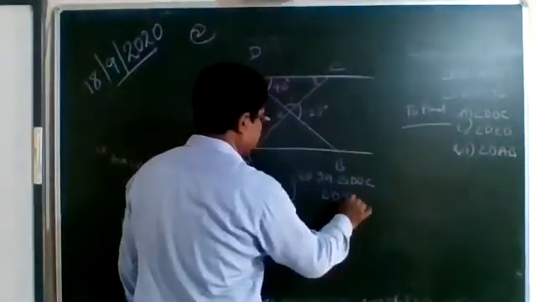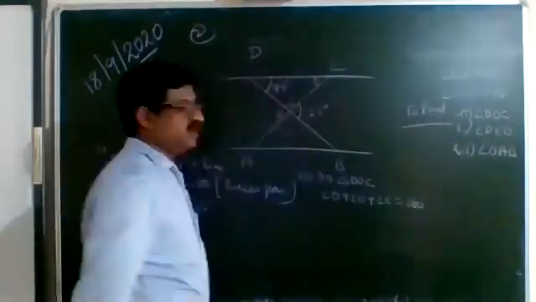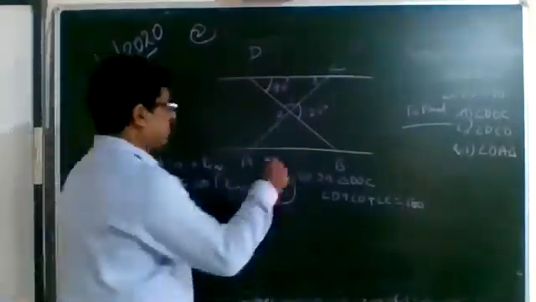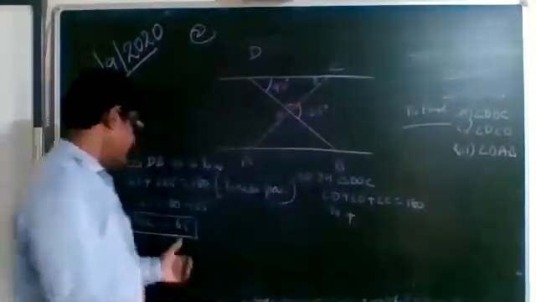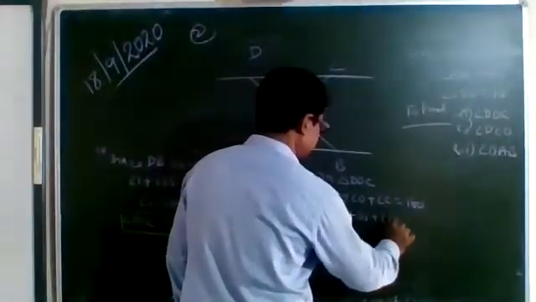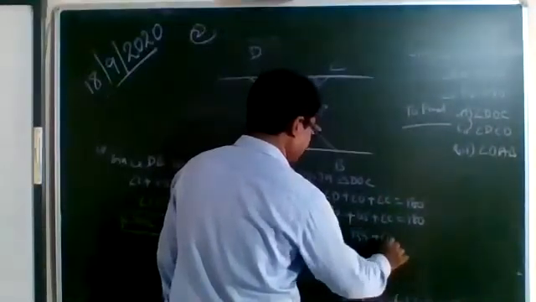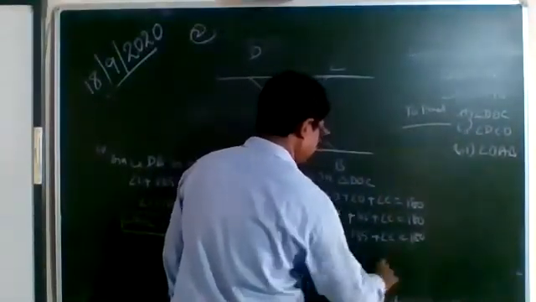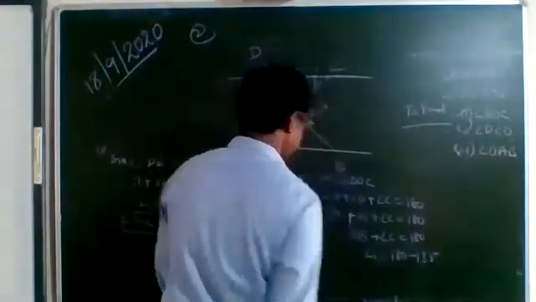For convenience, we are taking the triangle DOC and applying the angle sum property. Angle D plus angle O plus angle C equals 180. Put the values we got below. D we got as 70. O just now we have calculated as 65. And C is not known. That is 135 plus angle C equals 180. Angle C equals 180 minus 135.